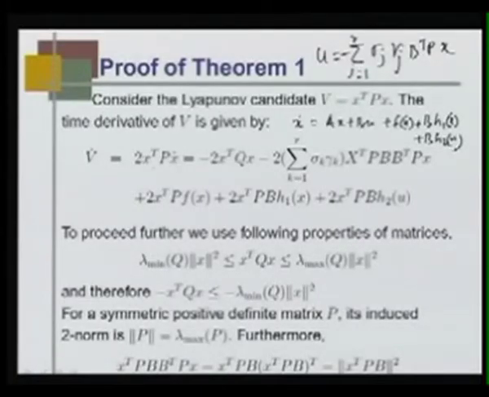So if I do that, there is an A x, so what I get is 2 x transpose P A x.